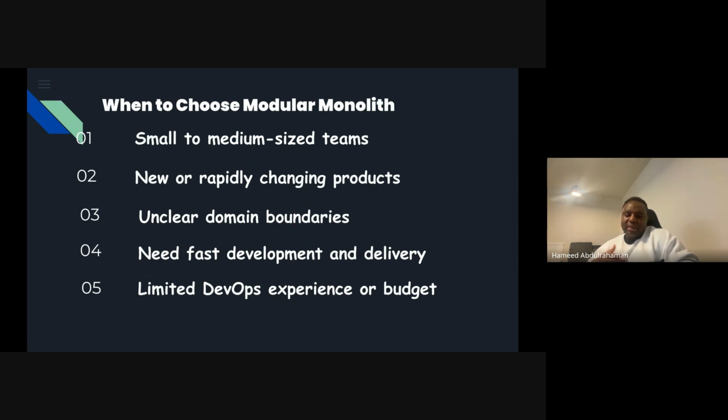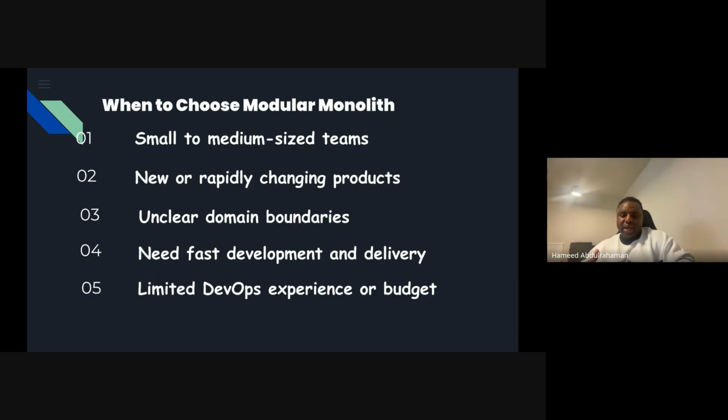And it suits limited DevOps experience and budget. If you have a limited number of DevOps people or experience in your team, or you don't have the budget to get the tooling that would do this, it's important to be on the safer side with monolithic at first. Then when you scale up your product, the number of teams, and the experience or the budget, you can start thinking towards microservices, where you can migrate bit by bit.